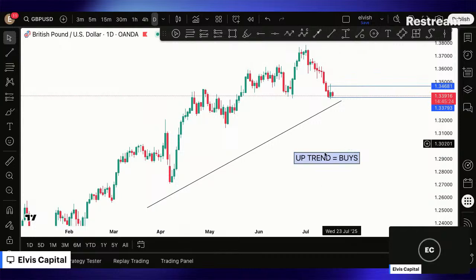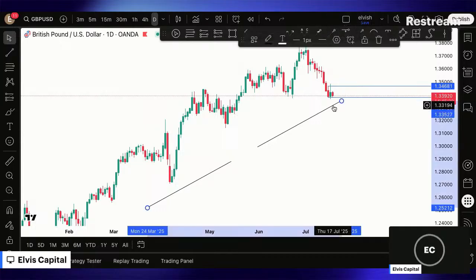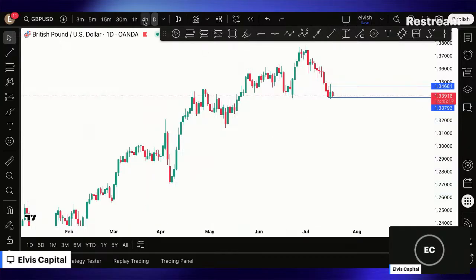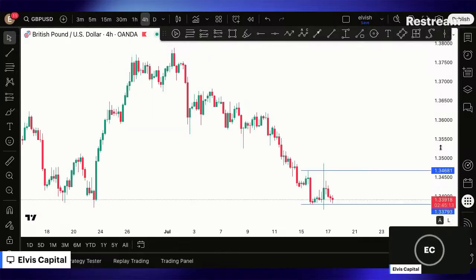Let me delete this, and this as well. Let me go to my 4-hour time frame and see what price is trying to tell me. Let's read price precisely now.